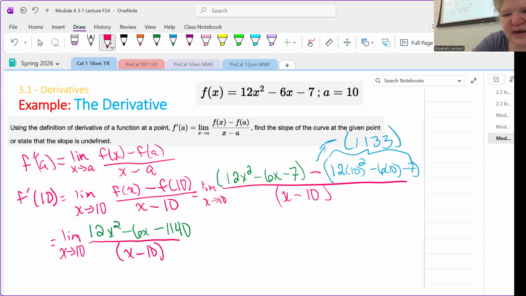Yeah, -7 minus 1133 is minus 1140. There we go.